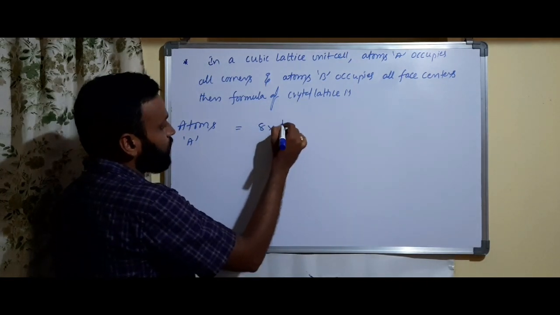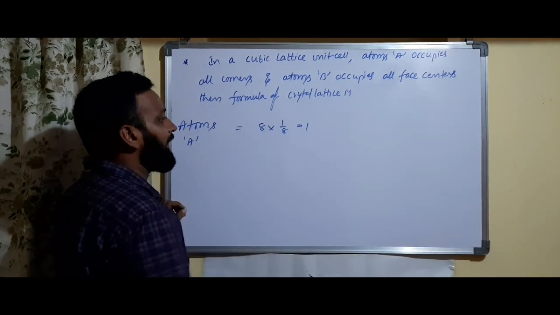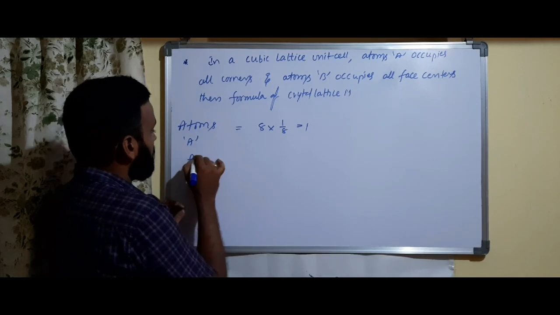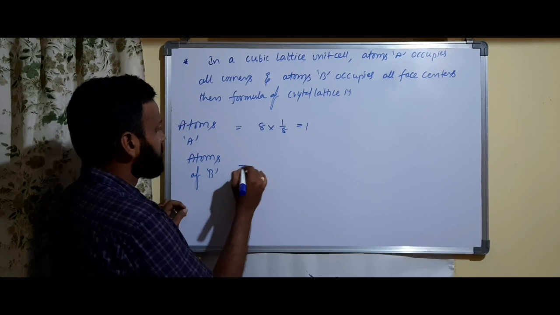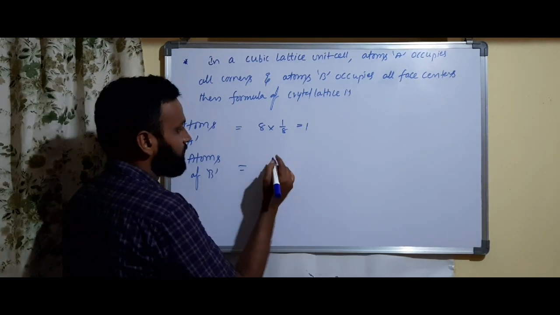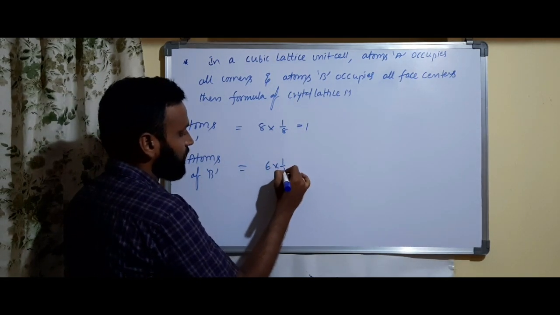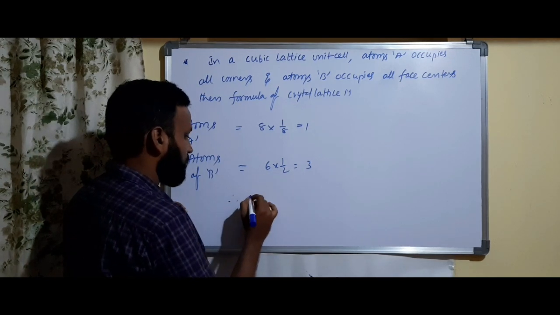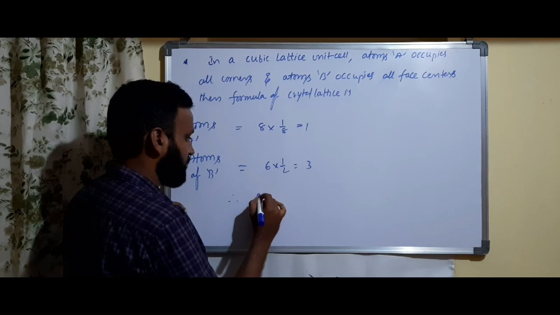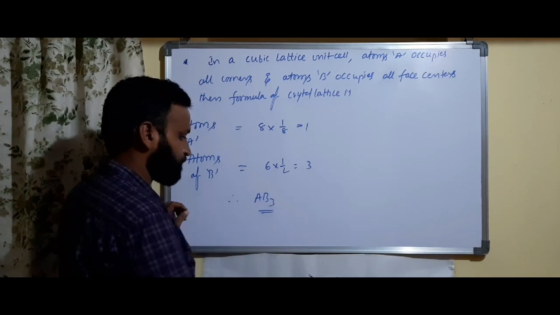So 8 into 1 by 8, so A atoms is only 1. Now atoms of B are present at face centers. So face center means what? 6 into 1 by 2, it is 3. So what is the formula now? Therefore the formula is AB3.